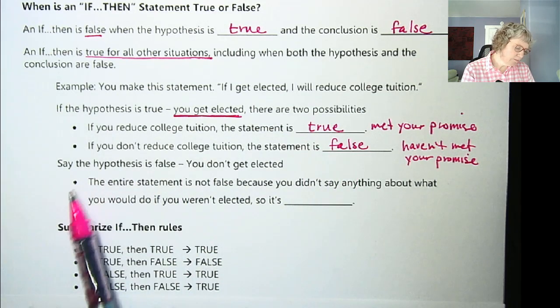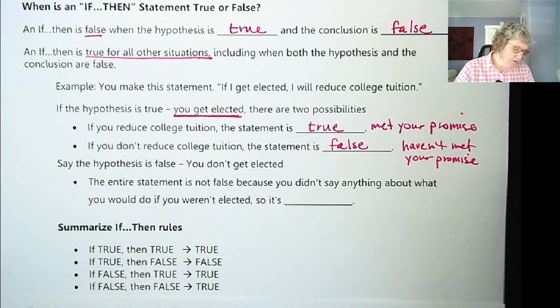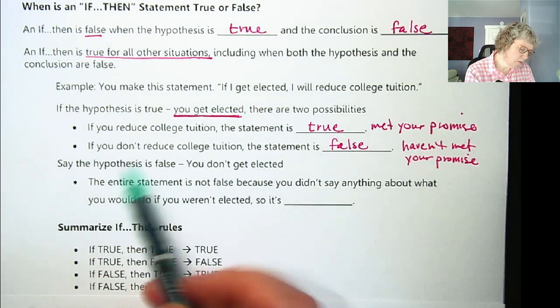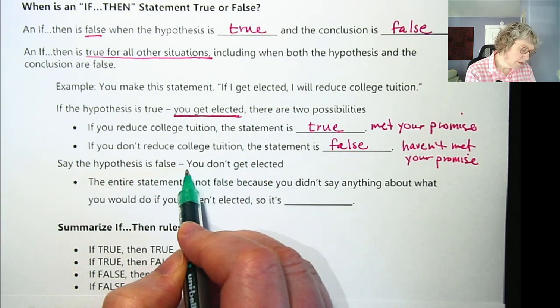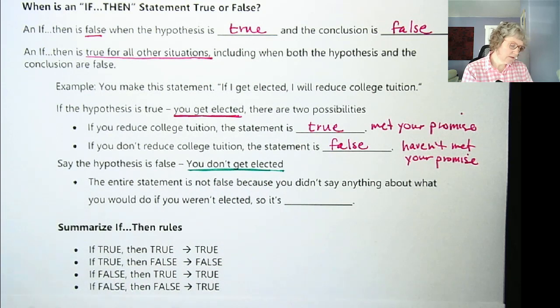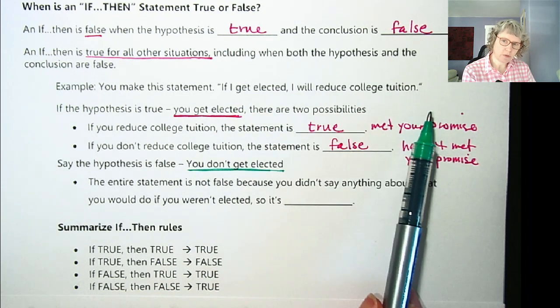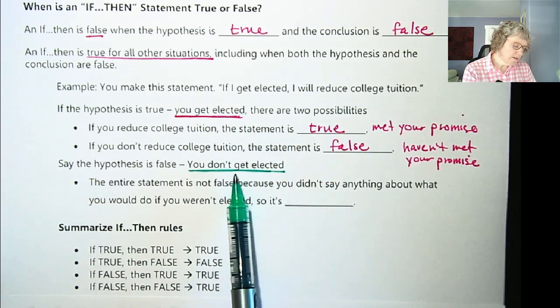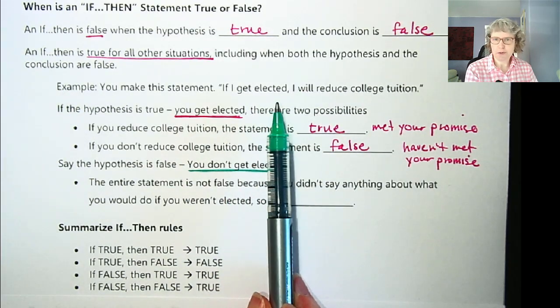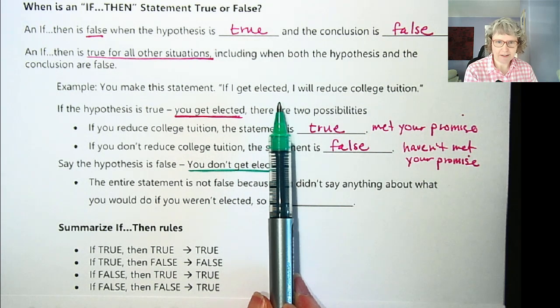Okay, so now let's say the other case. So now let's say the hypothesis is false, you don't get elected. Okay, so you don't get elected, and the statement was, if I get elected, I will reduce college tuition. Well, you didn't say anything about what you would do or not do if you didn't get elected.